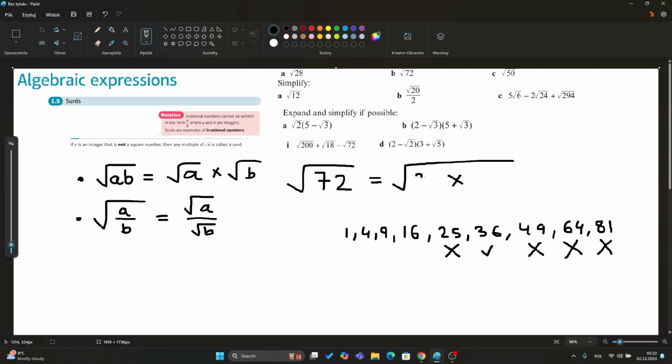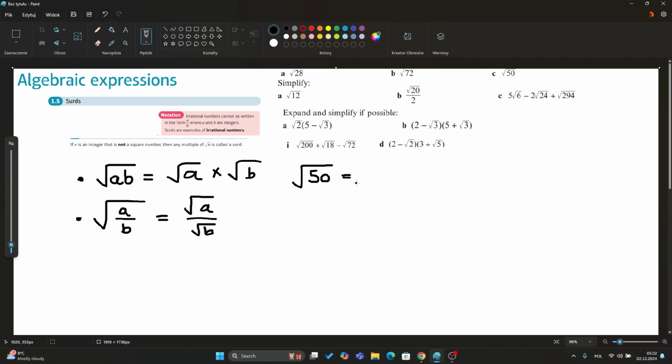So that will be 36, which is the square number, multiplied by 2. And then we split those into the square root of 36 and the square root of 2 to get 6 root 2.